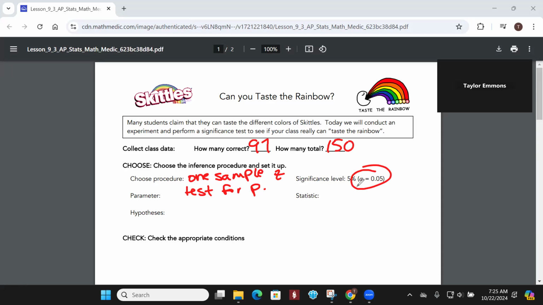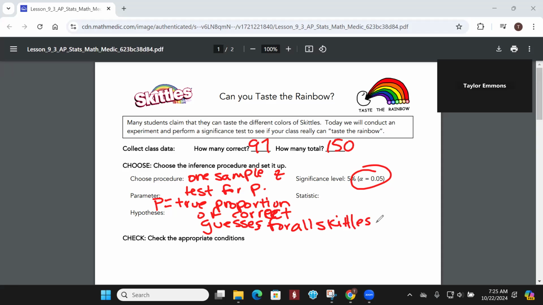Our parameter is going to be the true proportion, P, of correct guesses for all Skittles. And then for our statistic, what we found in our study was that p-hat is equal to 97 out of 150, and that's going to give us 0.647.